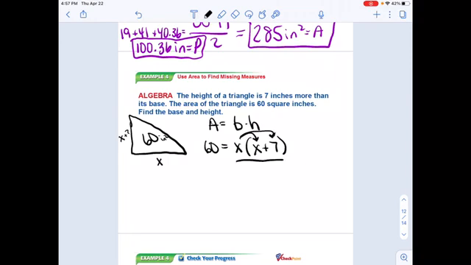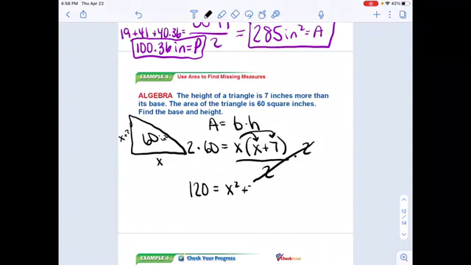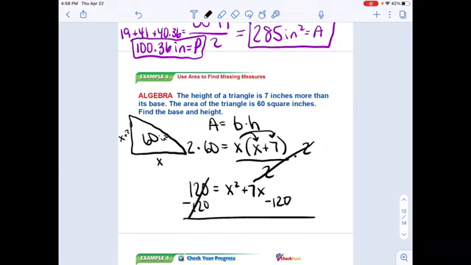We'll go ahead and distribute. Oh, but it's a triangle, so we need to divide by 2. Can't forget that part. So I multiply by 2 on both sides, and I'm going to distribute x through. Now notice we have that x squared, which means we're going to have to use either factoring or the quadratic formula.